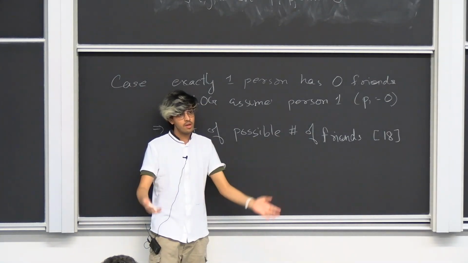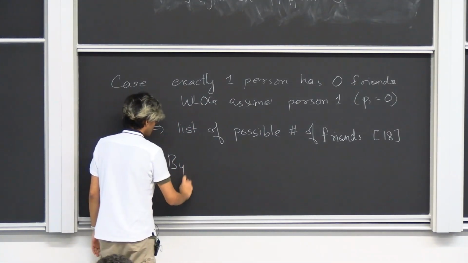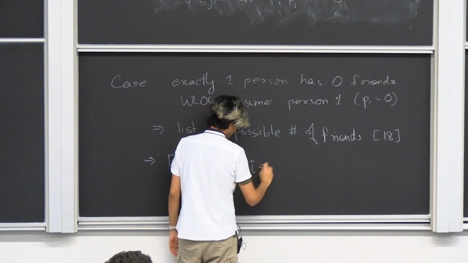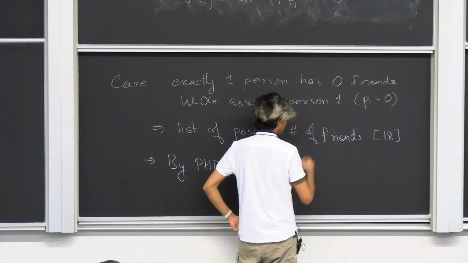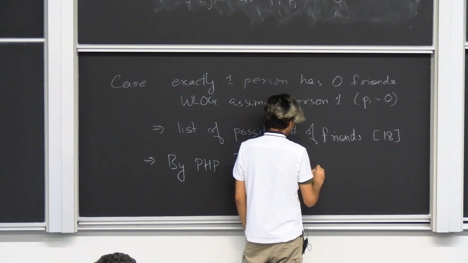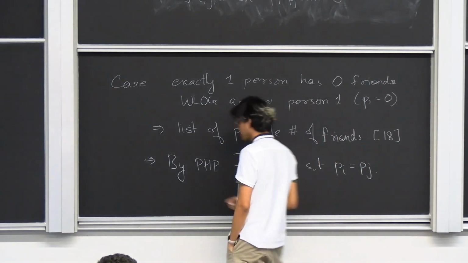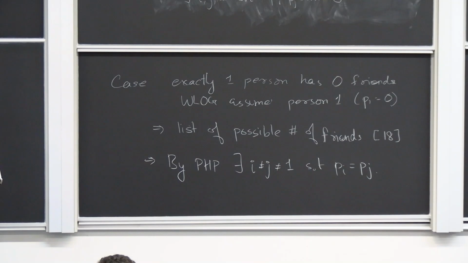By the pigeonhole principle, there exist 2 people i not equal to j, not equal to 1, because person 1 we already excluded, such that P_i is equal to P_j. Okay, this is a different way of proving it. The contradiction method is also just as fine.